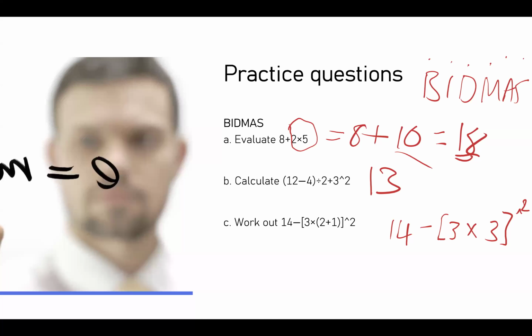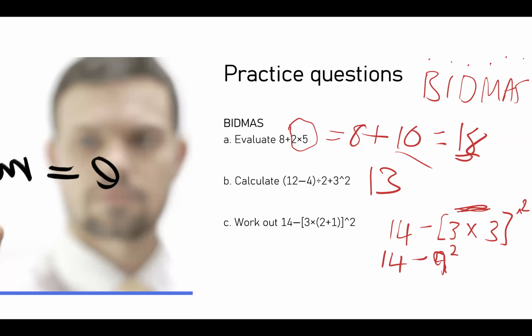So that would become, then we do what's inside this bracket, which is 14 take away 9 squared.